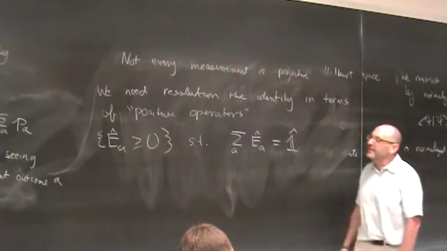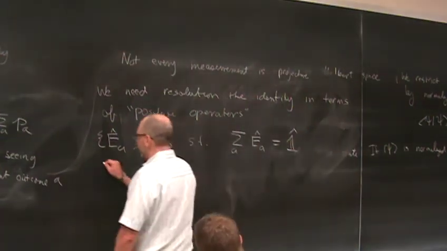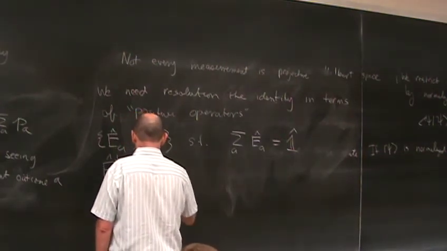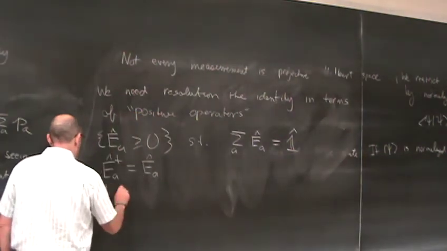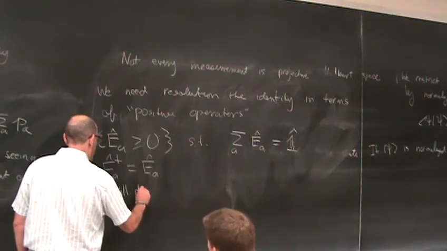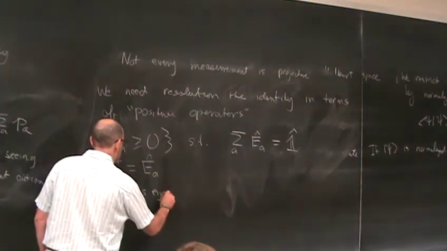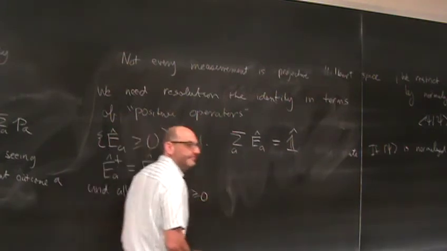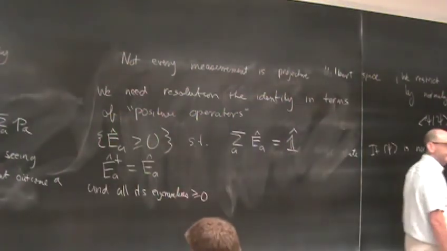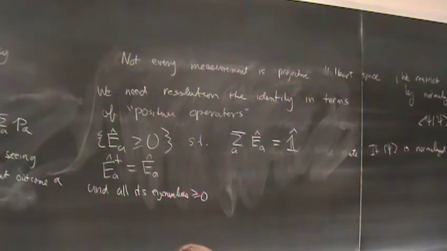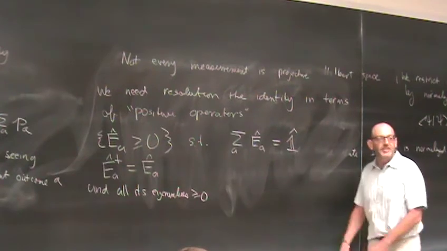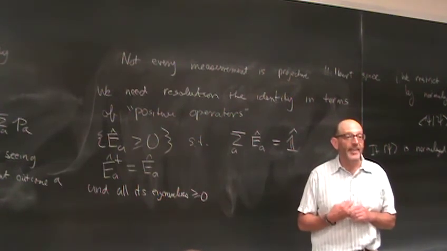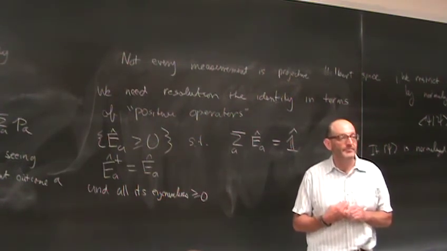An operator is said to be positive if it's Hermitian and all its eigenvalues are non-negative. So suppose I have a set of such operators whose eigenvalues satisfy that. Okay?